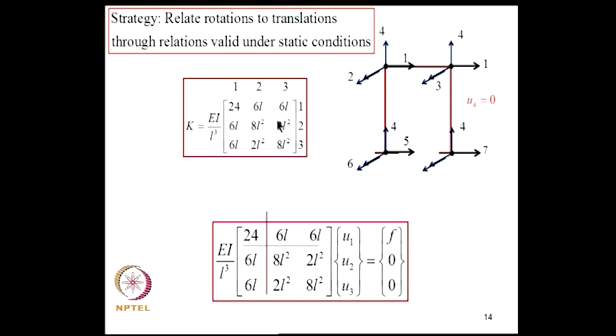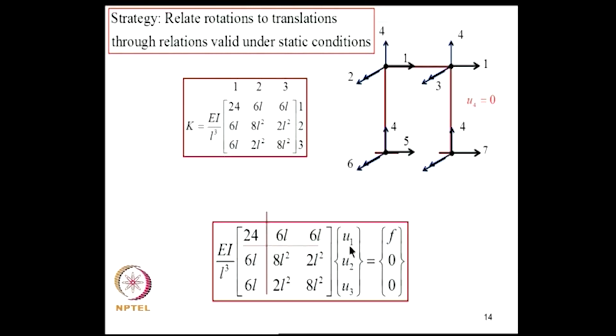Now, one strategy that we can adopt to arrive at simplified models which do not ignore joint rotations is to relate rotations to translations through relations which are valid under static conditions. So, suppose you now consider static equilibrium of this system under some horizontal force F as shown here, the equilibrium equations will be this.